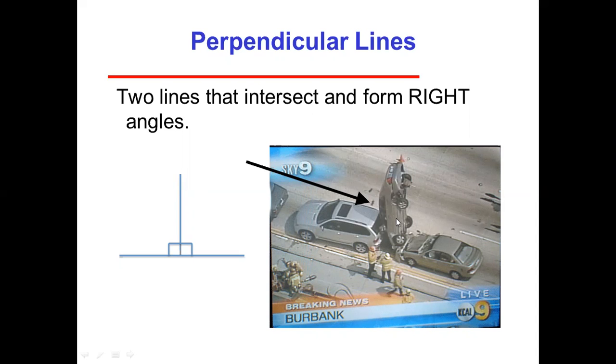This middle vehicle forms a right angle with this vehicle and also with this vehicle. This is the middle car, this is the first one, and this is the second one. So they form a right angle triangle. In such a scene, these are forming perpendicular lines, or we can say the right angle.